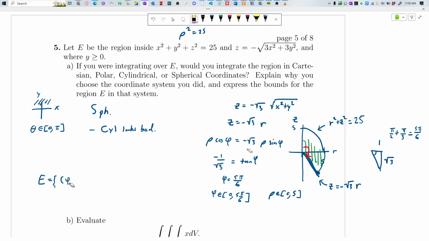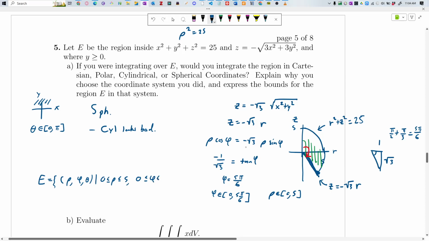It's rho, phi, theta, where rho ranges from 0 to 5, where 0 is less than or equal to phi less than or equal to 5 pi over 6, and 0 is less than or equal to theta less than or equal to pi. It's fine to leave theta last because that's just a rotation about the z-axis.